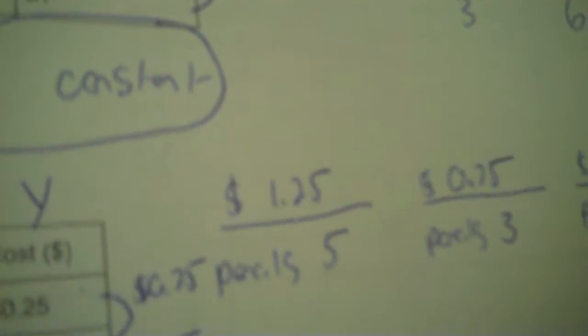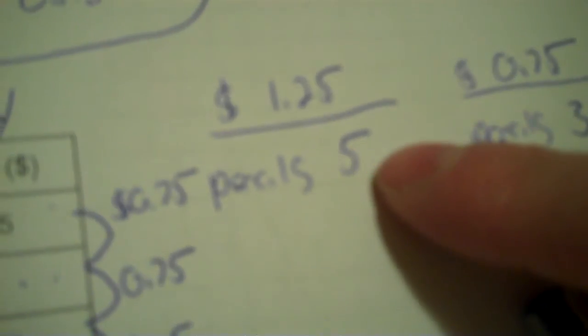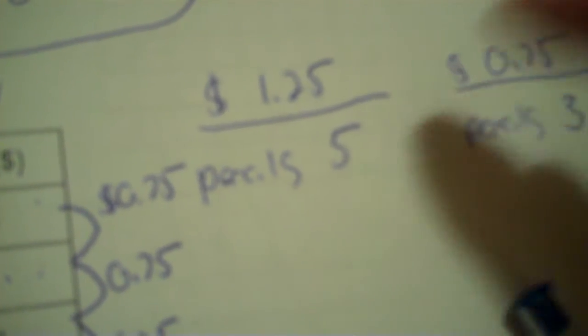And then 4 minus 1 is 3. So 75 cents, 3 pencils. These are all rates of change. From here to here, it changed by $1.25. From here to here, it changed by 5 pencils. So $1.25 over 5. Here to here, it changed by 75 cents because that changed by 3 pencils. And then from here to here, that was 75 cents, 3.